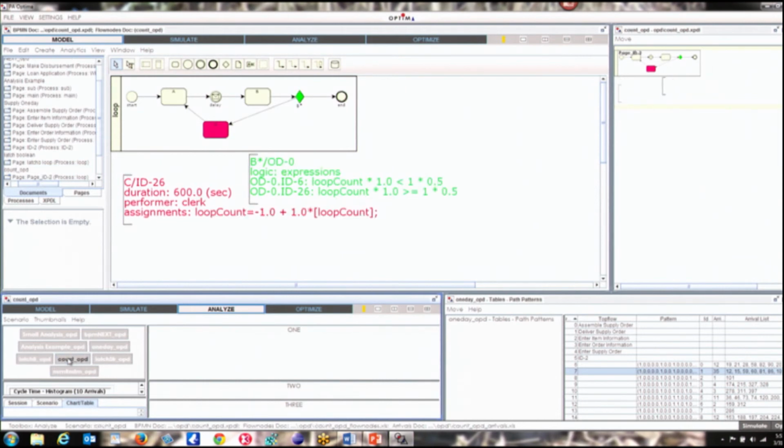So there are other examples like this. I won't spend as much time on them. I'm just pointing out here the gateway logic is determined on the basis of a property called loop count, and it's a numerical test. So to determine how many times you go around the loop. And on the other hand, the red inscription deals with the calculation of how the value of loop count changes.